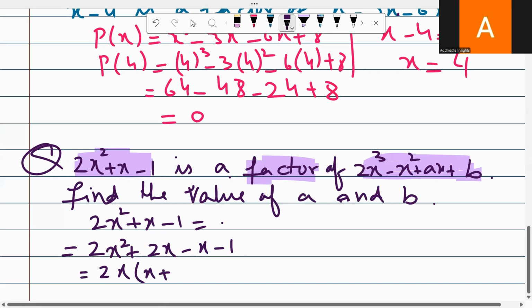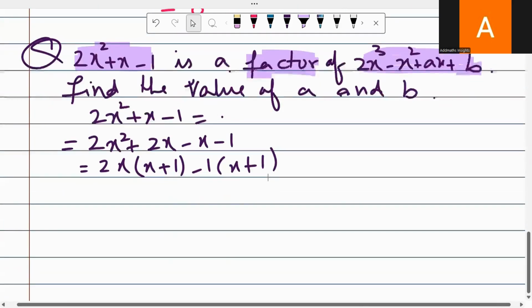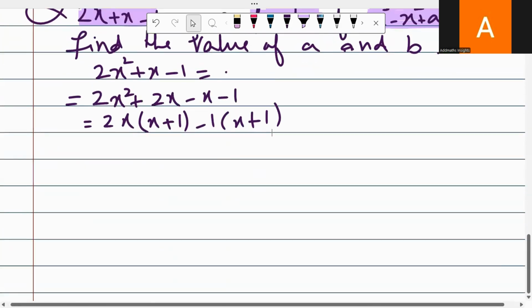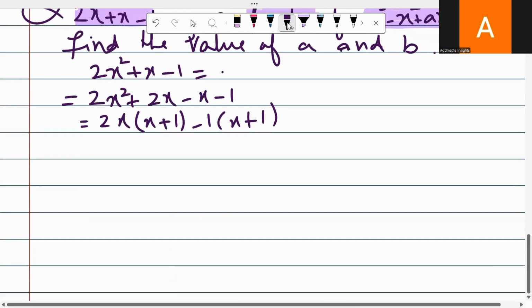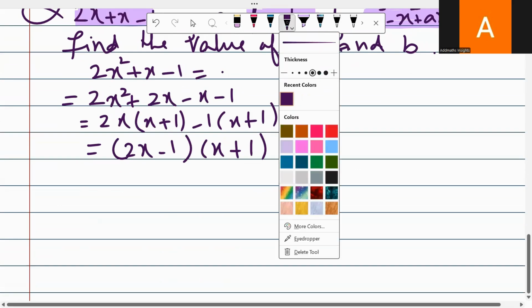We are using the midterm breakage rule. So this is 2x minus 1 and x plus 1. Now this cubic expression has these two factors. So one by one you will substitute the value.